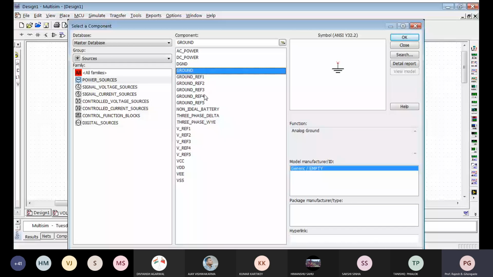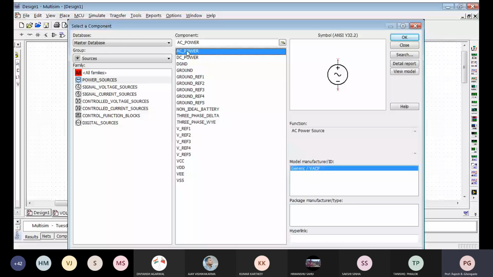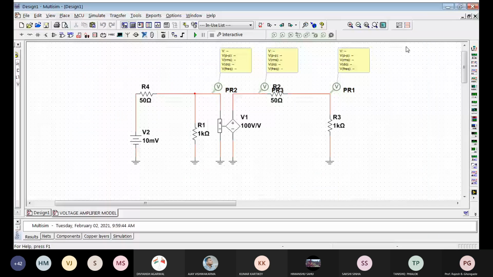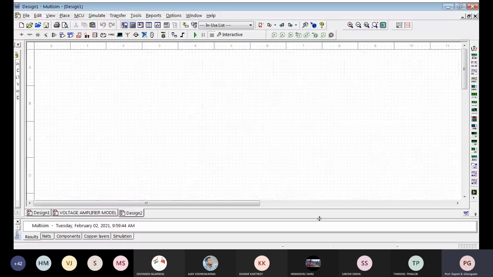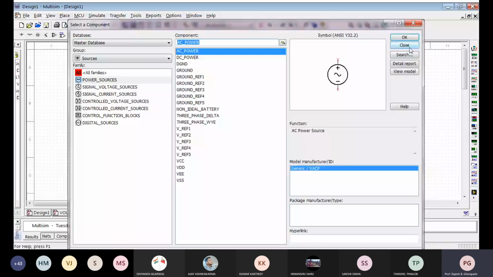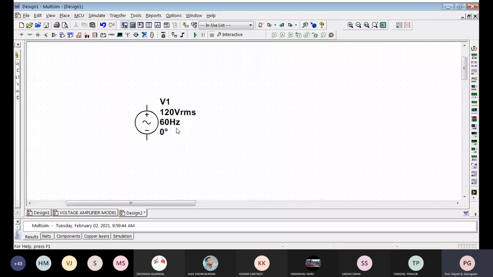Now they have given various other sources also, specifically this power source. Let me just clear this off and start a new session so that it is easier for us to understand things. If I click on this power source, you can see that it is giving us 120 volts RMS, 60 hertz.